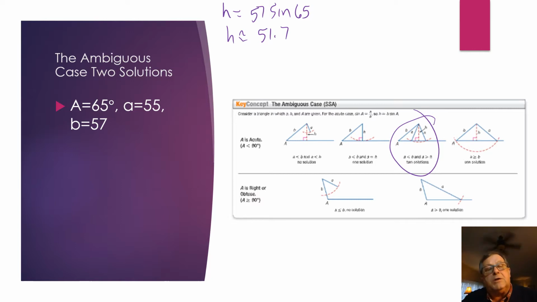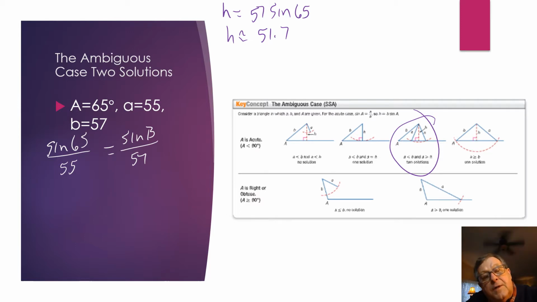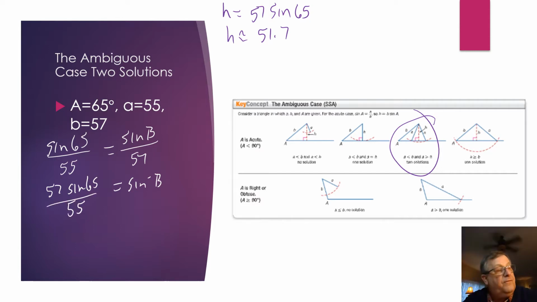All right, let's see what happens if angle B is in fact acute, and we'll work on that basis. So I'm going to take the sine of 65 divided by side A, 55, and set it equal to the sine of angle B, if it is acute, divided by 57. Then we're going to take the inverse sine to find angle B of 57 times the sine of 65 divided by 55.